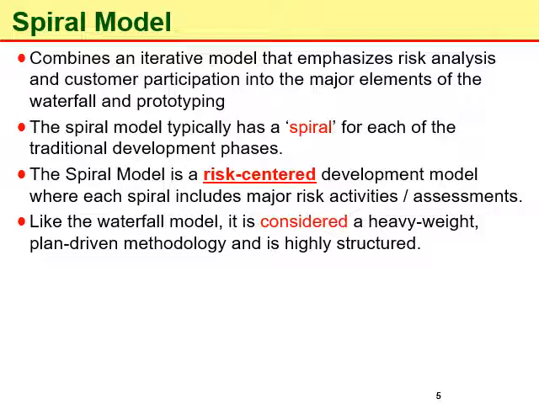So the benefit of risk analysis here is that the risks in each iteration or each spiral are analyzed, and if there are any risks, appropriate mitigation strategies to cope with those risks are identified. Like the waterfall model, it is considered a heavyweight and plan-driven methodology, and this is also highly structured in nature.